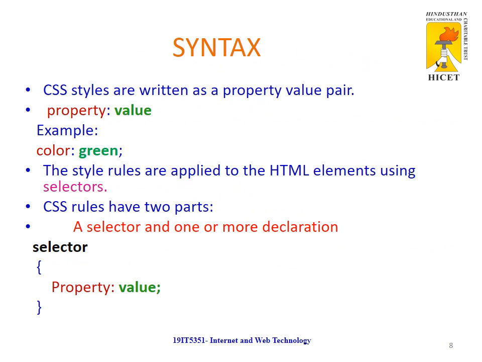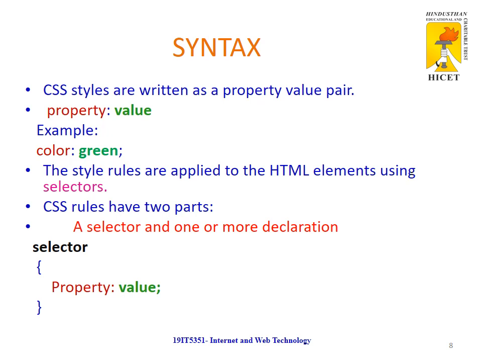Coming to the syntax, it can be written with two keywords. The first is the property, followed by a colon and then the value. This is called a property value pair. The property may be color or age.